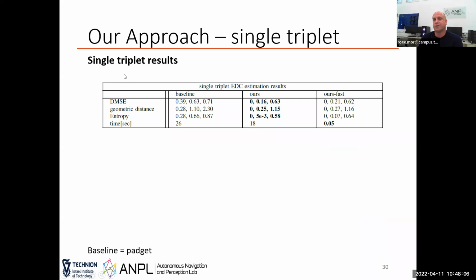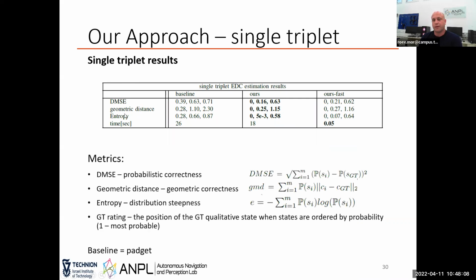We made a simulation, and what you can see here is that we use several metrics. Each line in the table is a different metric to measure the performance. The baseline is the state of the art, the Cornell method. And then you can see our algorithm and our fast variant of the algorithm.